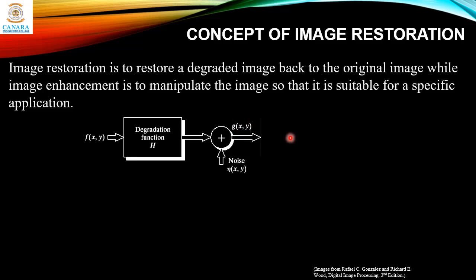Then the task is to design a restoration filter, which basically inverses these functions, degradation plus noise. And we have the estimate of the original image, which is given by f cap of xy. So we need to restore the image to its original form, which is f of xy, by removing this degradation plus noise, so that we see an original looking image.